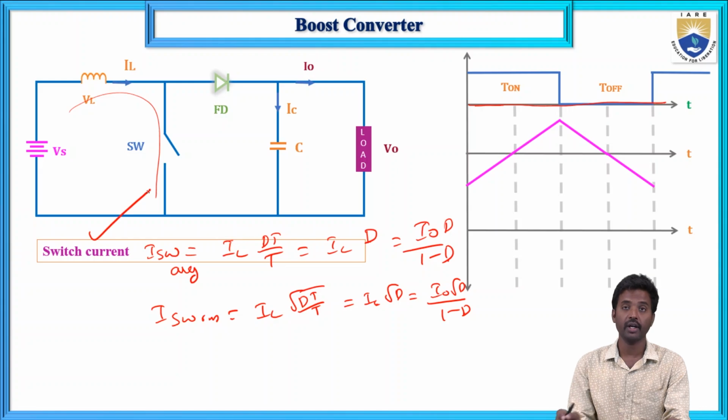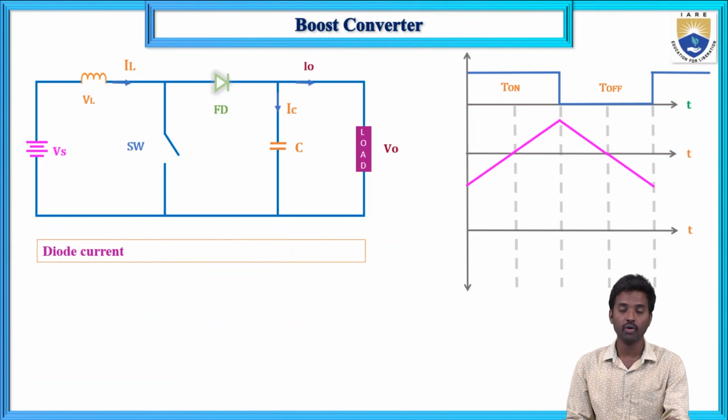This is switch current. Now what about diode current? Diode current means when switch is off, so current flows in this. For that case, IL into, when switch is off means (1 minus D) into T divided by T. So this is the switch off position, 1 minus D current time.